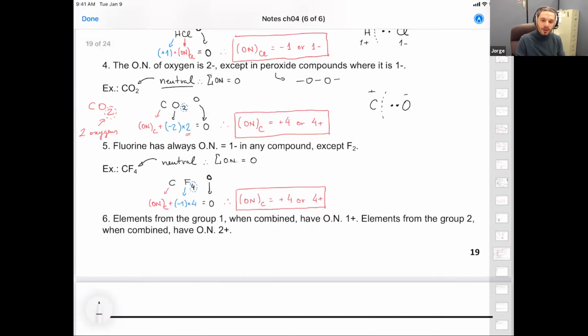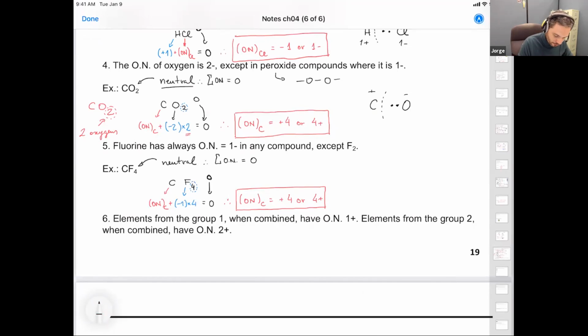The physical meaning of an oxidation number of 4 plus for the carbon is that carbon, when combined with 4 atoms of fluorine, is going to lose 4 electrons. Or, in better words, the electrons are going to be closer to the fluorine atom than the carbon atom.